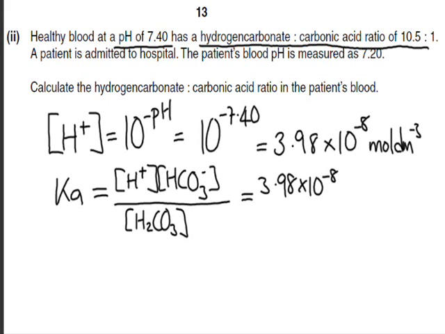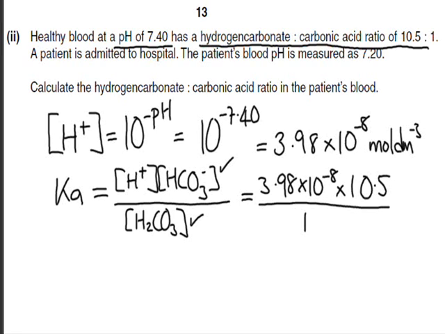We also know the ratio of hydrogen carbonate ion to carbonic acid, so on the top line hydrogen carbonate is 10.5, divided by the carbonic acid concentration, which is 1.